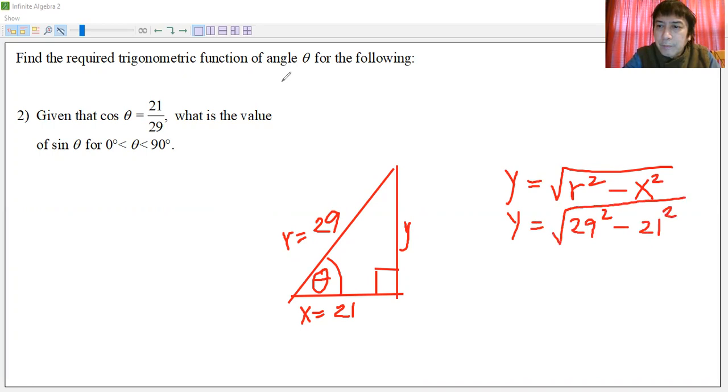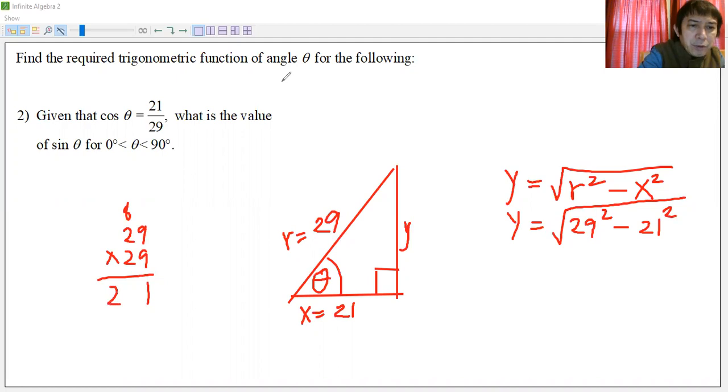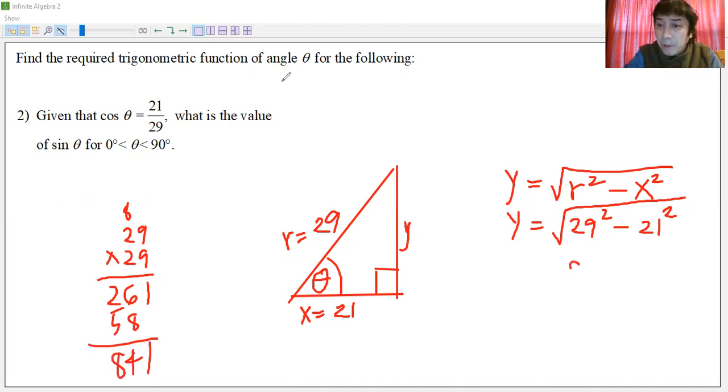And so how much is 29 times 29? That must be 841. So we have here 841 minus 21 squared, that's 441, yes?